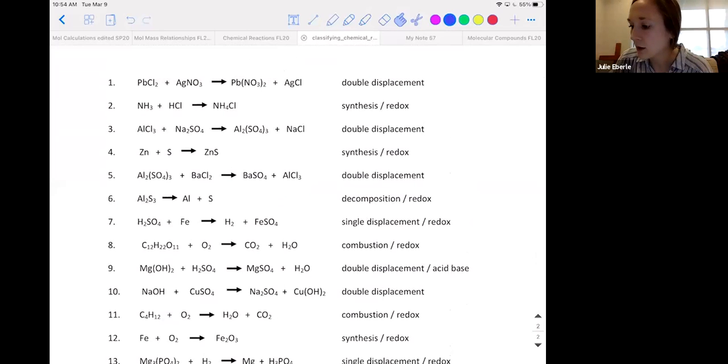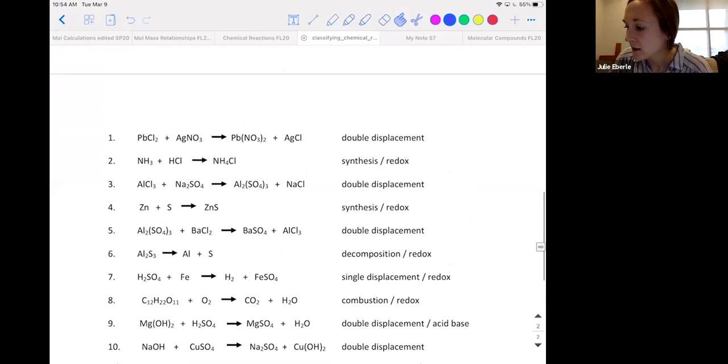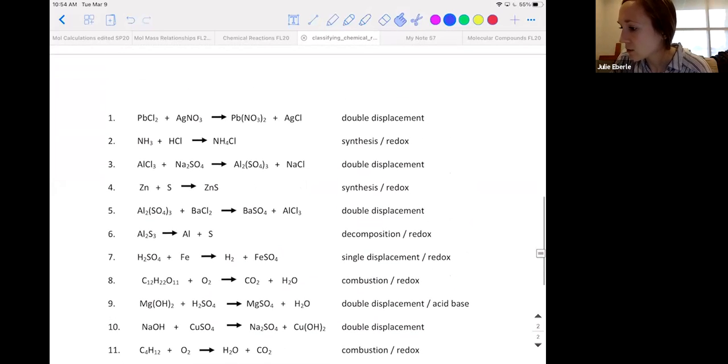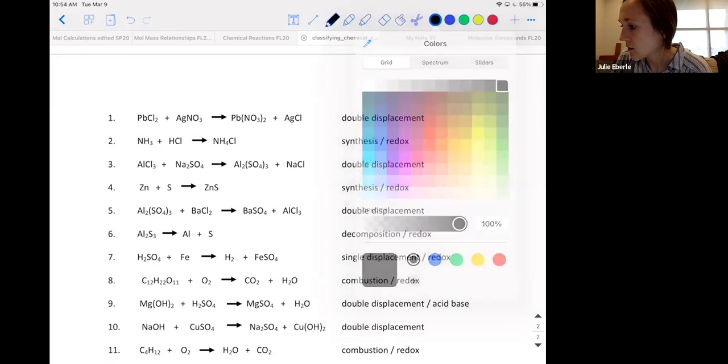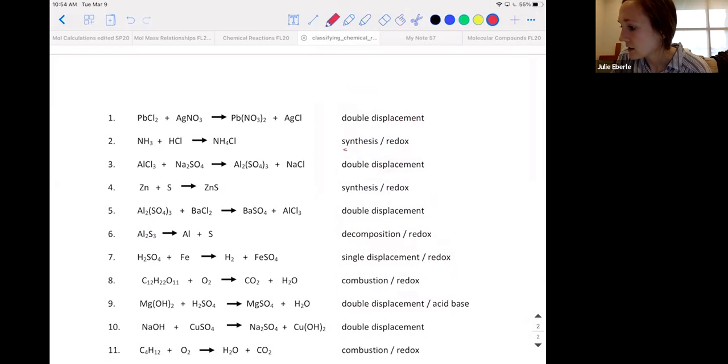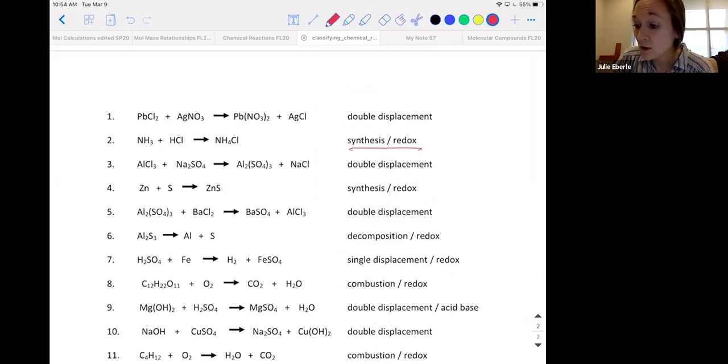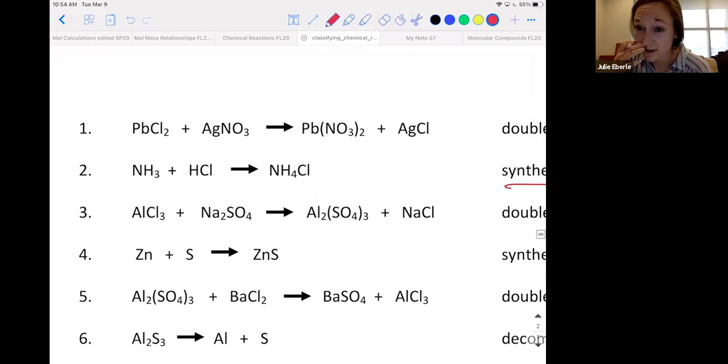All right, so one of the first reactions we looked at, obviously you can see several of these were listed as something and then also listed as a redox reaction. Like number 2, synthesis: you've got 2 things coming together and it's redox. This one was really, really hard to determine what the oxidation numbers were.